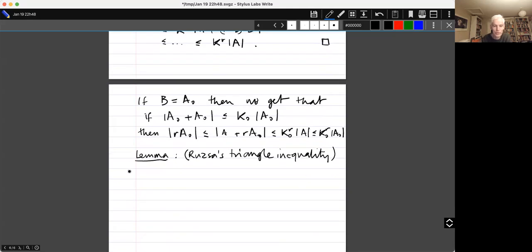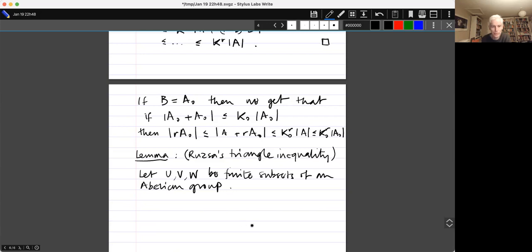Once I've given the statement and the proof, I will say a little bit about why it's known as Ruzsa's triangle inequality. So the statement is the following: let U, V, and W be finite subsets of an abelian group, as always. Sometimes people call these additive sets, so as not to have to keep writing finite subsets of an abelian group. Although I suppose one needs to say slightly more because we've got to emphasize that they're subsets of the same abelian group.